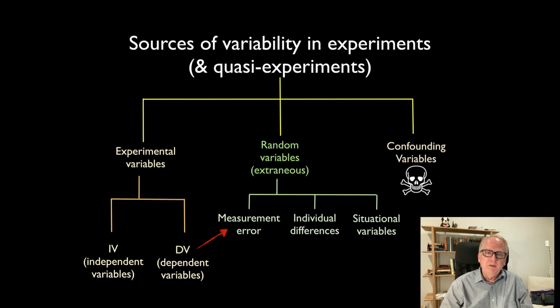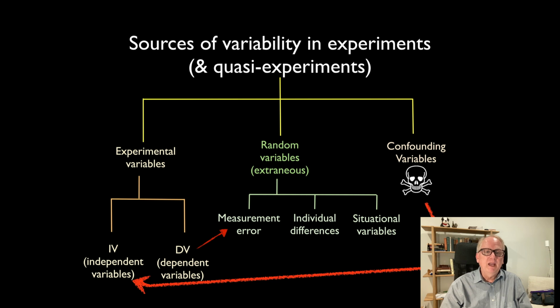So all of those things, the measurement error, the individual differences, the situational variables, those are all things that are affecting the dependent variable. But the other thing that I have here on my little picture is something called confounding variables. And confounding variables are variables that vary at the same time as the independent variable.